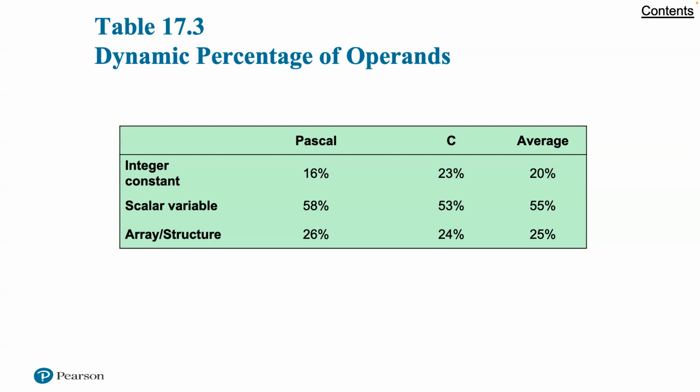Similar results are reported in other studies for C, Pascal and Fortran programs on the PDP-11 and VAX, so an IBM 360, a PDP-11 and a VAX type of computer. Of course, these figures depend highly on both the architecture and the compiler, but they do illustrate the frequency of operand accessing.